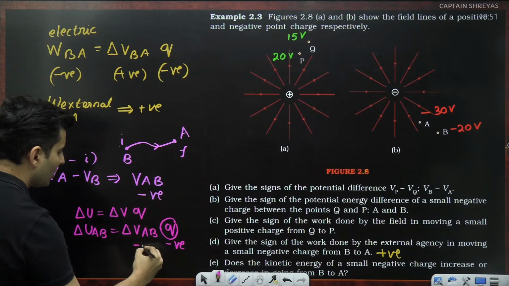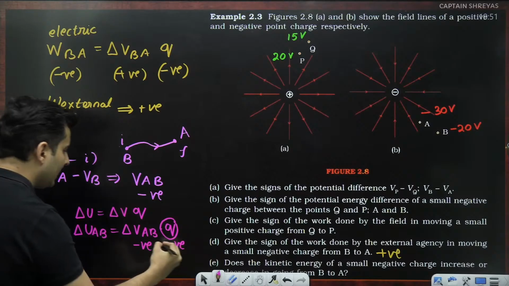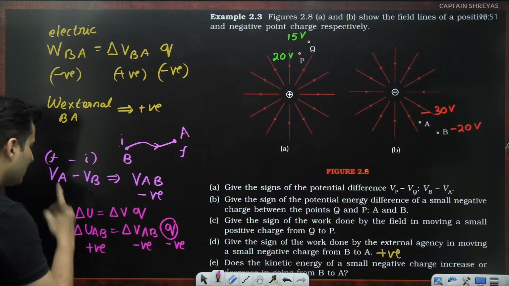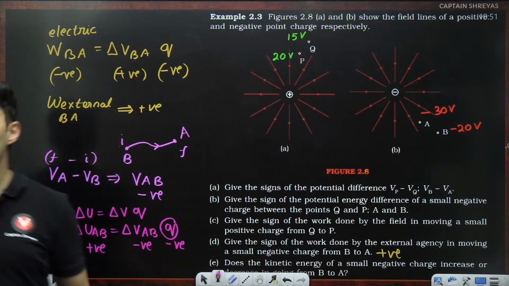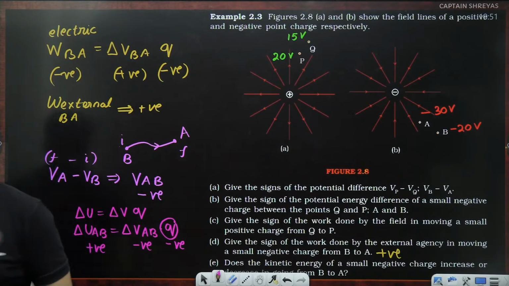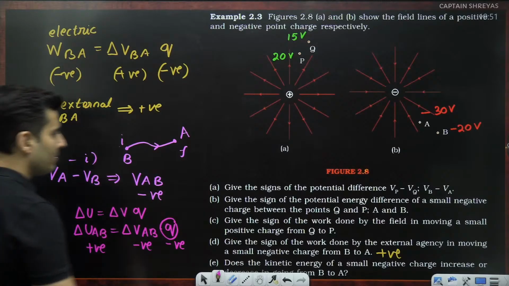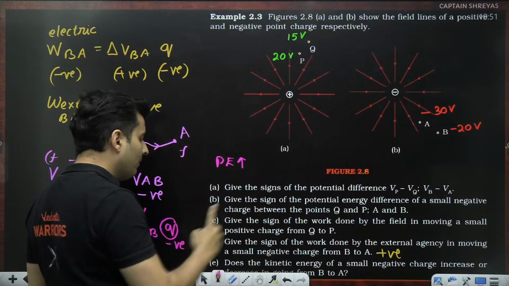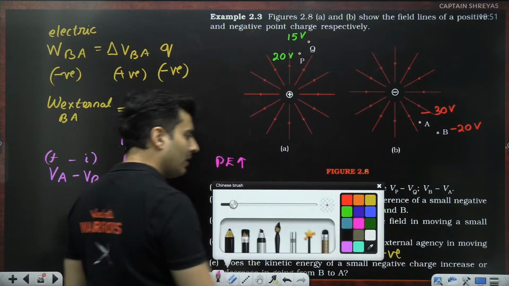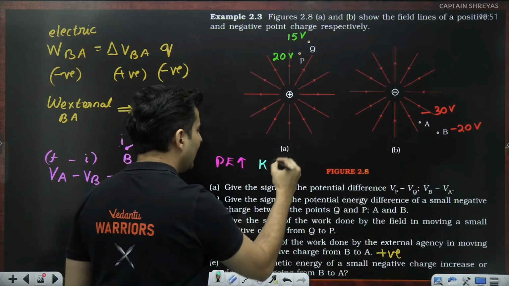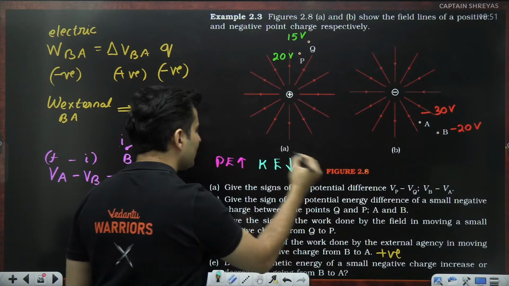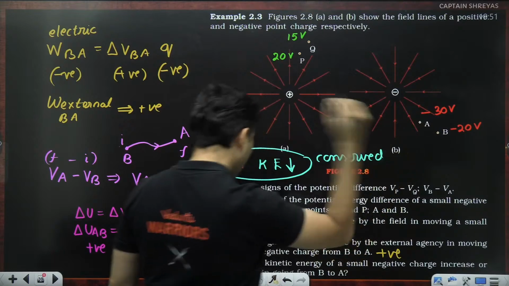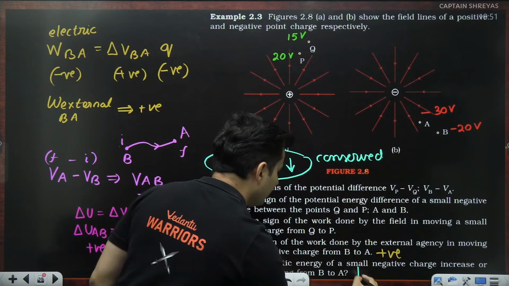This also is negative. Negative multiplied by negative will make it positive, which means our potential energy has increased. But remember, mechanical energy has to be conserved, which means kinetic energy will have to decrease. This is only because it has to be conserved. Hence, the answer will be decrease.